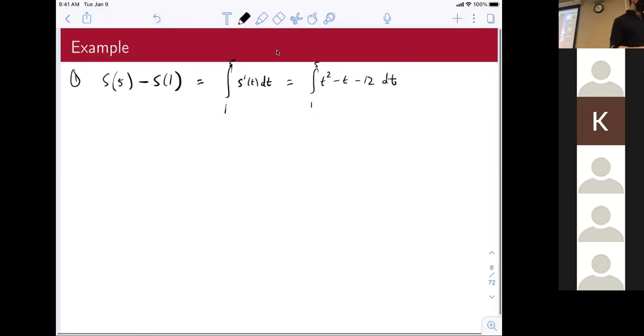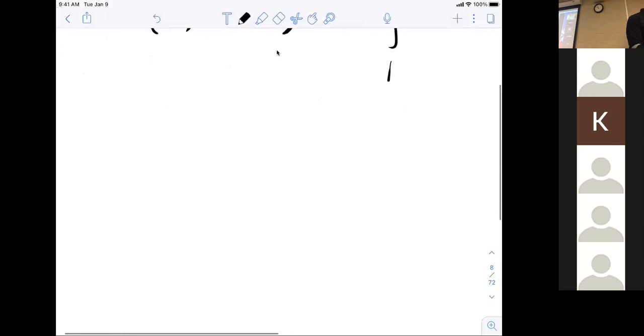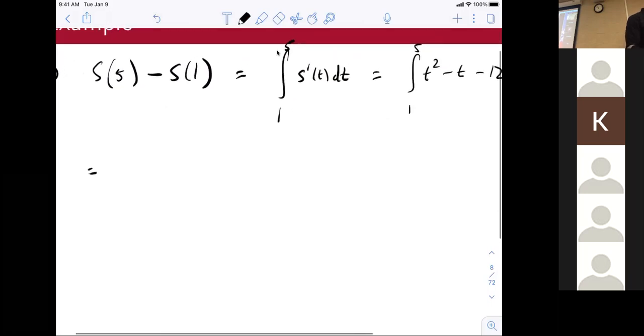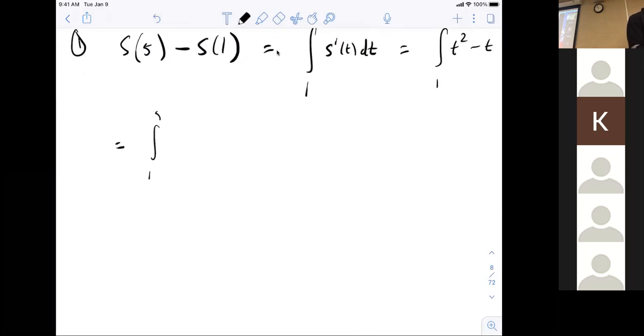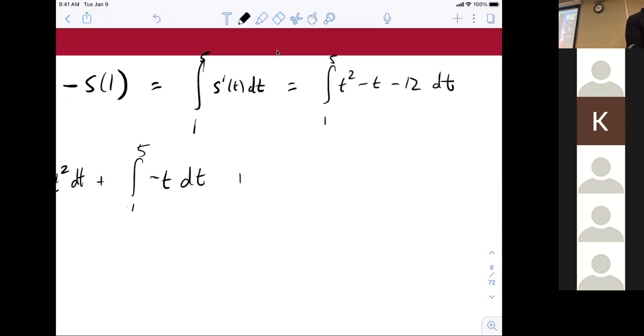So that's what part A boils down to. I'll break it up. This is equal to the integral from 1 to 5 of t squared dt plus the integral from 1 to 5 of minus t dt, plus the integral from 1 to 5 of minus 12 dt.